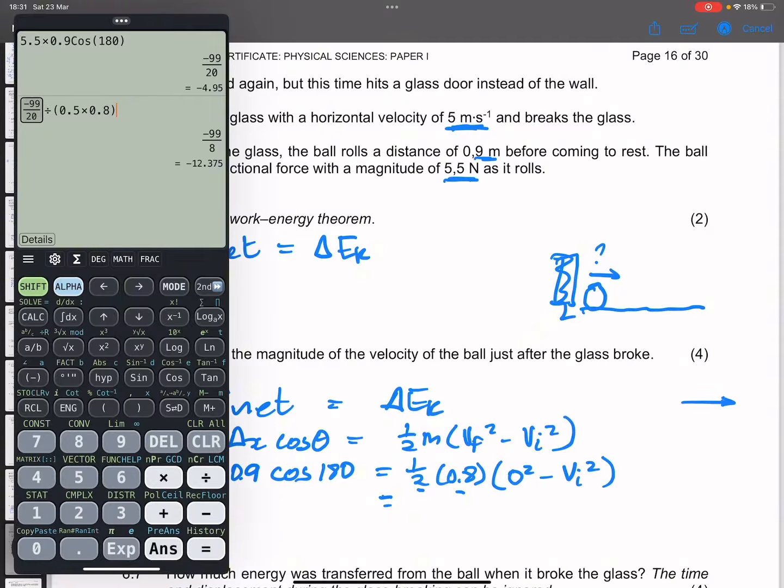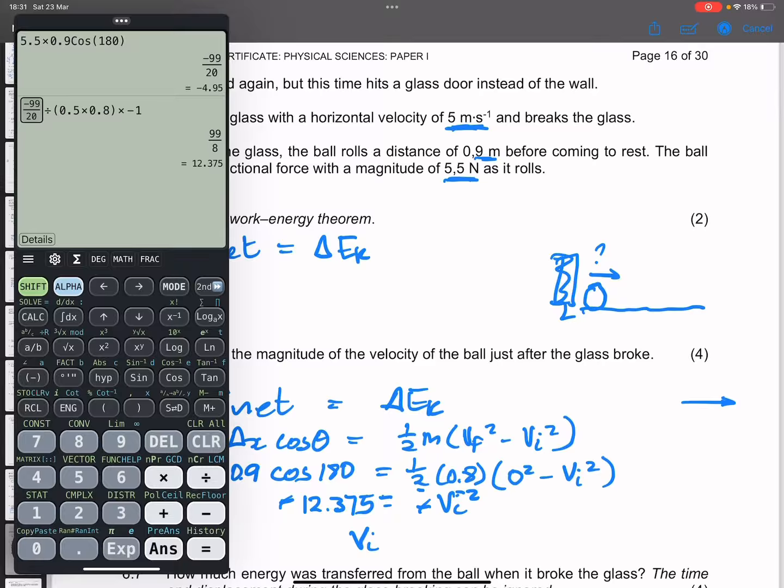And we get that minus Vi squared is equal to negative 12.375. I'll only round off at the end. Of course, the negatives cancel, so I'll say times negative 1.